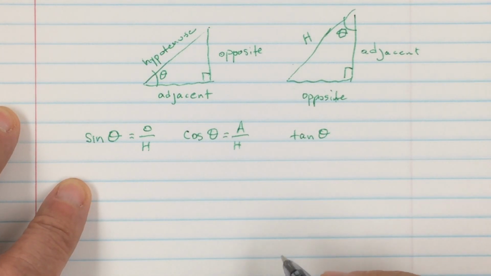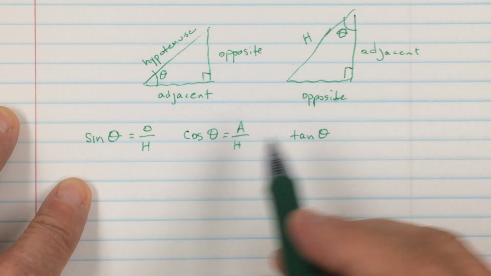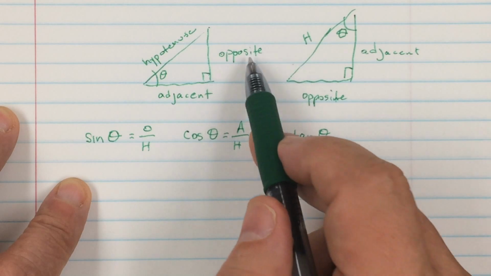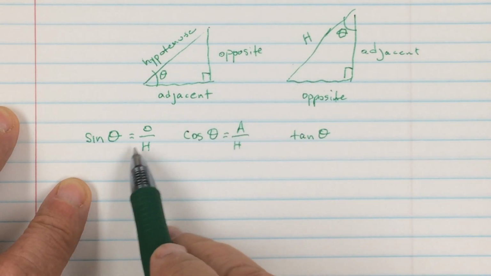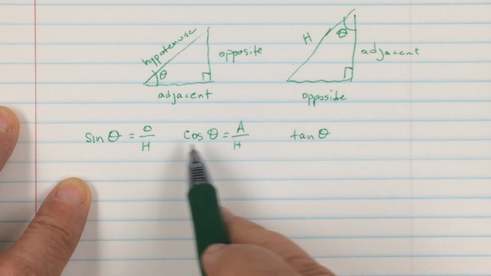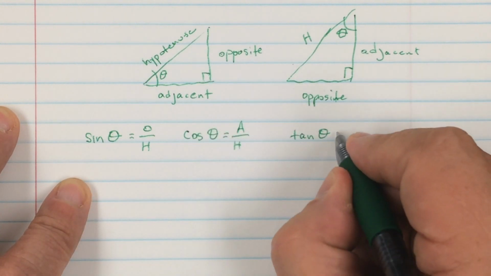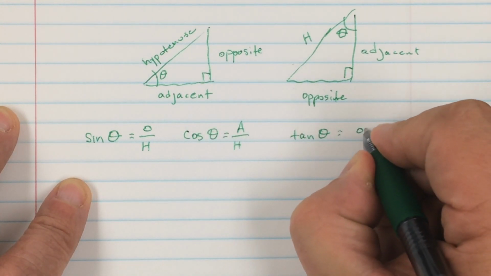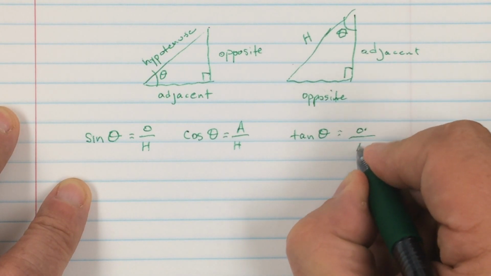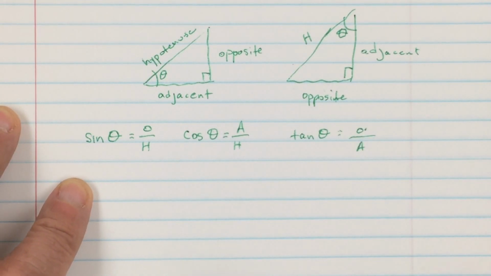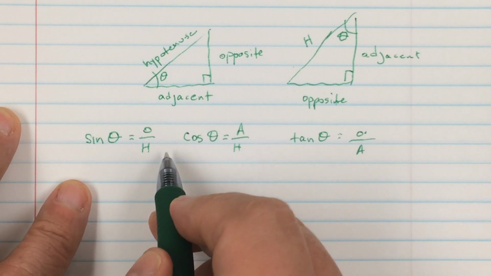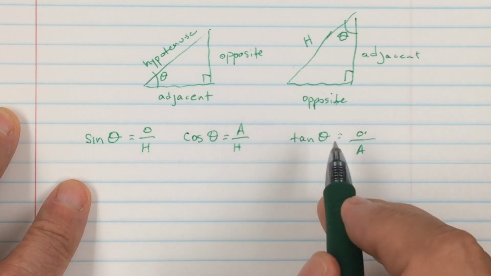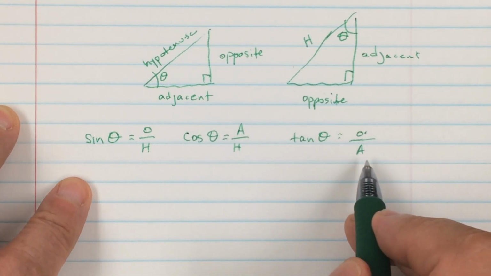All of these buttons are on your calculator, by the way. And the only ones we haven't used is the opposite and the adjacent. Both of the others have hypotenuses in them, and there's three sides. So we're going to say the tangent of theta is the relationship of the opposite to the adjacent. Okay, so sine is O over H, cosine is A over H, tangent is O over A.